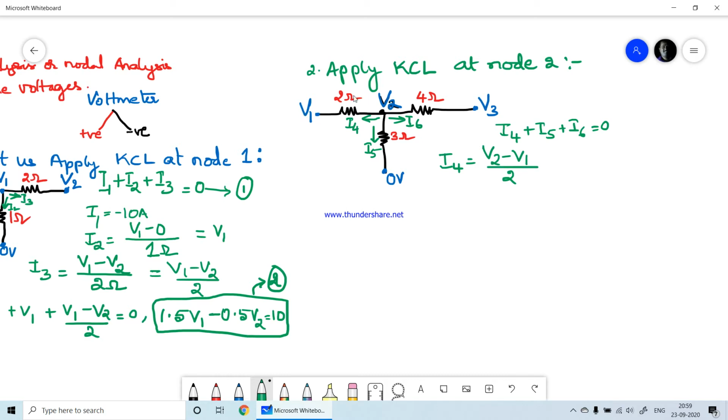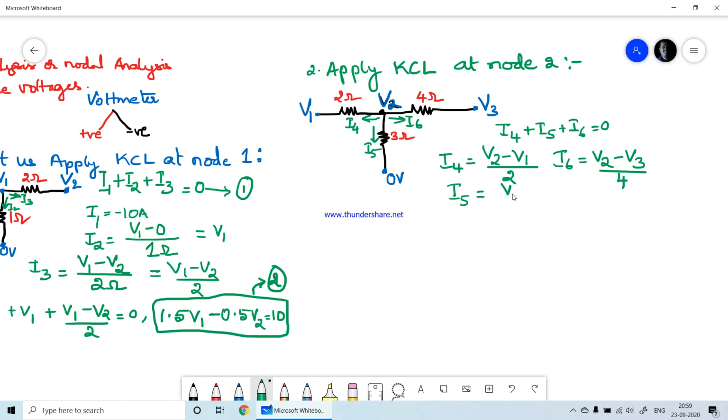So I4 is V2 minus V1 by 2, and I6 is V2 minus V3 divided by 4, because I6 is the current flowing through 4 ohms. I5 is the current flowing through 3 ohms.